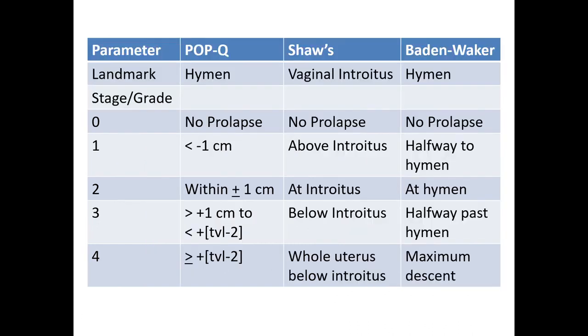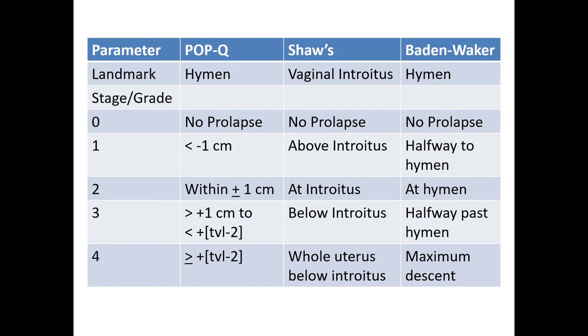So to compare these three, you should know the landmark: the hymen for POPQ, introitus for SHORTS, and the hymen for Baden-Walker. For stage or grade 0, for all, no prolapse. For 1, POPQ is above the -1 centimeter, SHORTS is above the introitus, and Baden-Walker is halfway to the hymen.